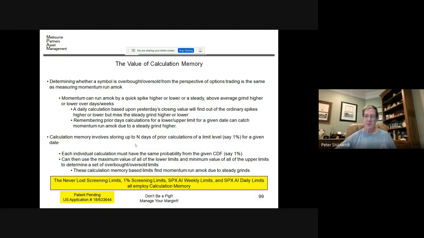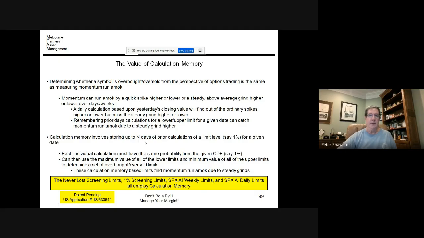Those indications are based upon what I call screening limits, which is actually saved information. So we're going to talk a little bit about calculation memory. Calculation memory is something that says, we made this percentage calculation n number of days ago. How does that compare to what today's calculation is?